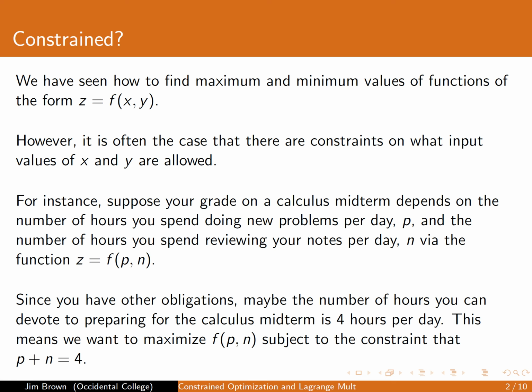So we want the maximum value of f of P N, but any P and N that we consider has to satisfy P plus N equals 4. This equation, P plus N equals 4, is called our constraint, and it's constraining the possible values for our inputs.